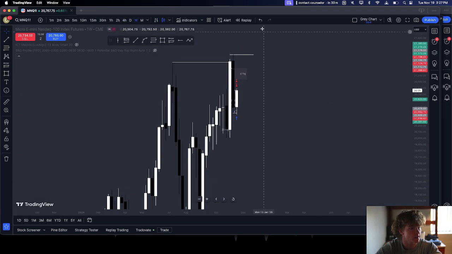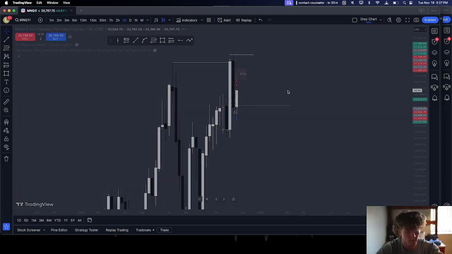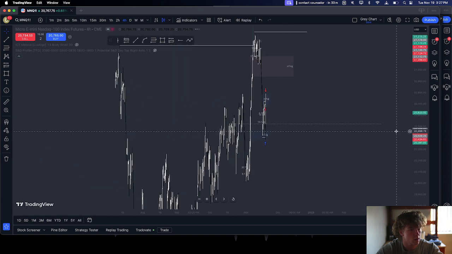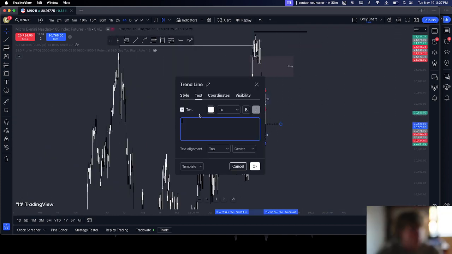We have this order block right here as well on the weekly. And then the 4 hour. Let's just go like this. Weekly order block.